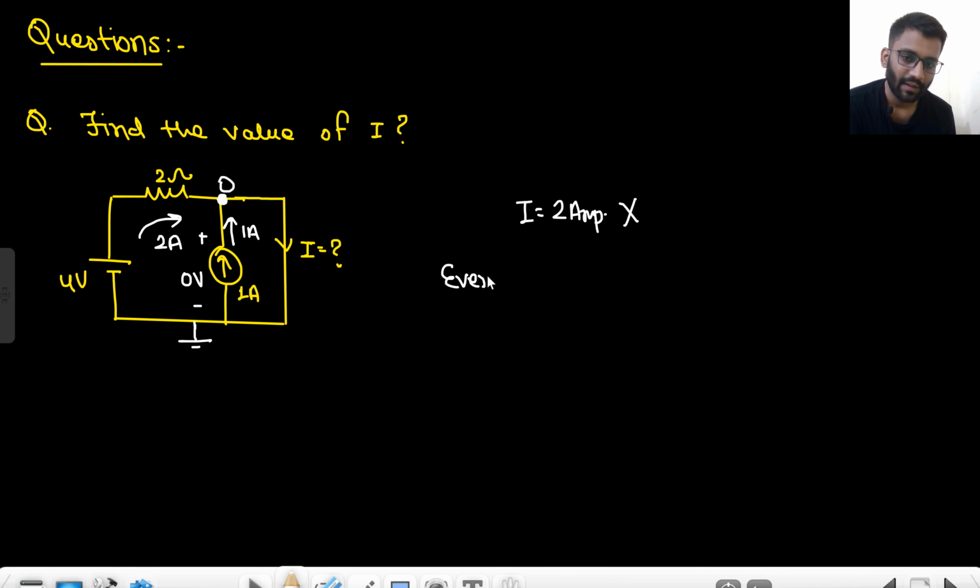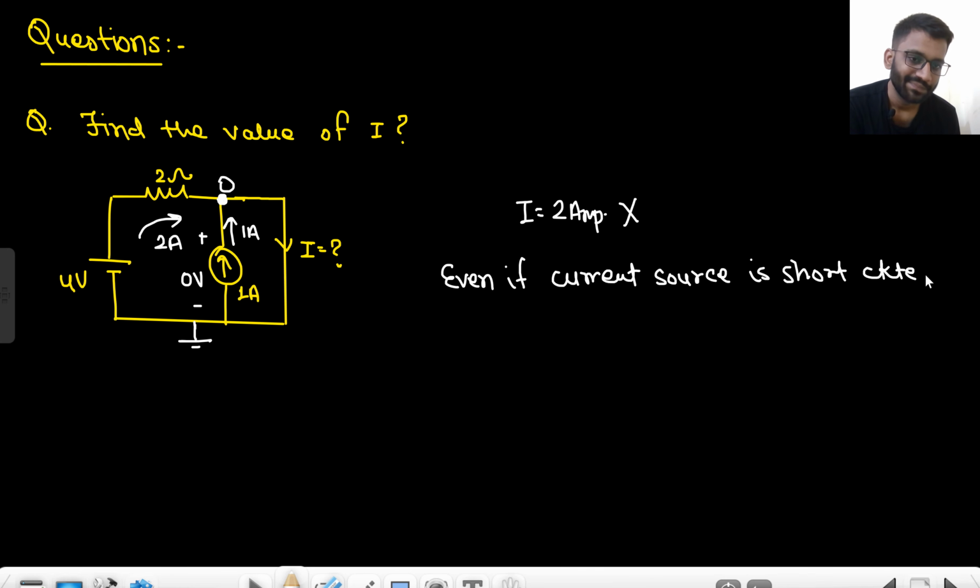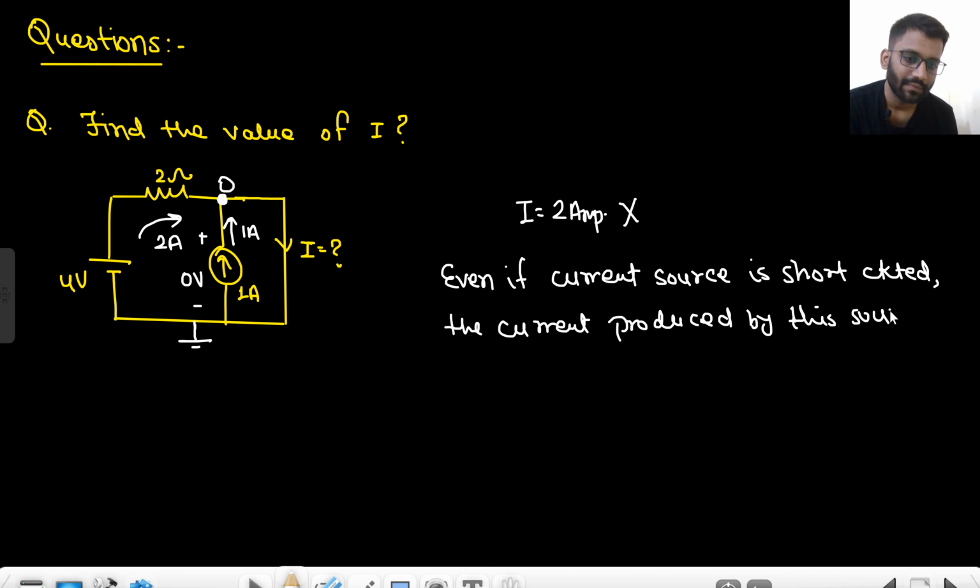So even if the current source is short circuited, the current produced by this source will still be 1 ampere.